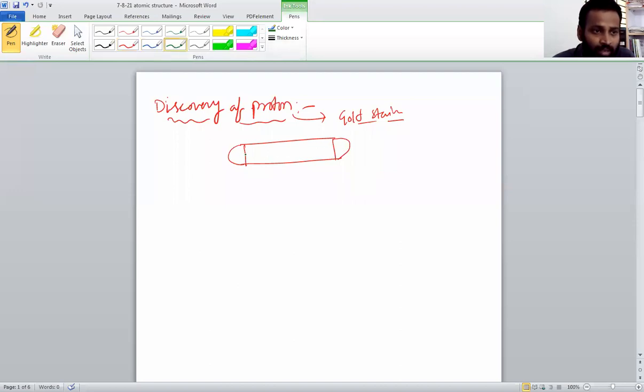Cathode rays go from cathode to anode like this, but now the rays travel in this manner. This is positive. Positive means anode or cathode? Anode. And this is the negative terminal, the cathode.